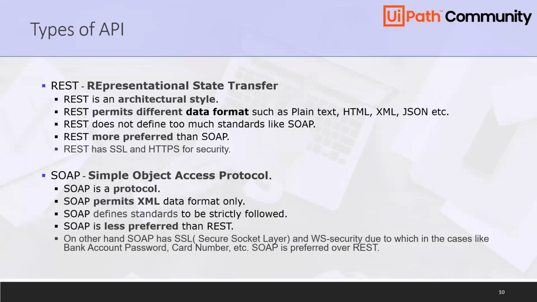REST is basically an architectural style, whereas SOAP is a protocol. REST permits different data types or formats such as plain text, HTML, XML, and JSON, so we can pass data to the server or get data from the server in different formats such as HTML, XML, and JSON, and SOAP permits the XML format only.